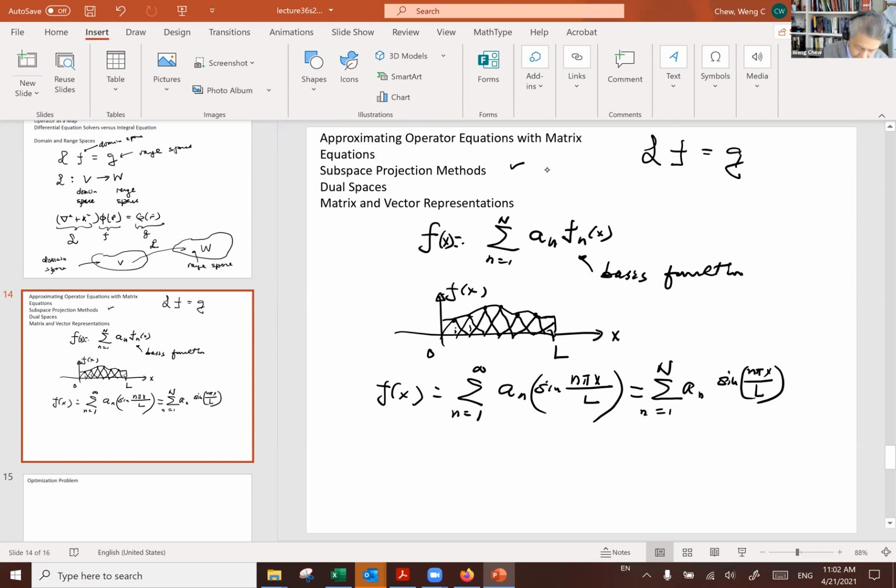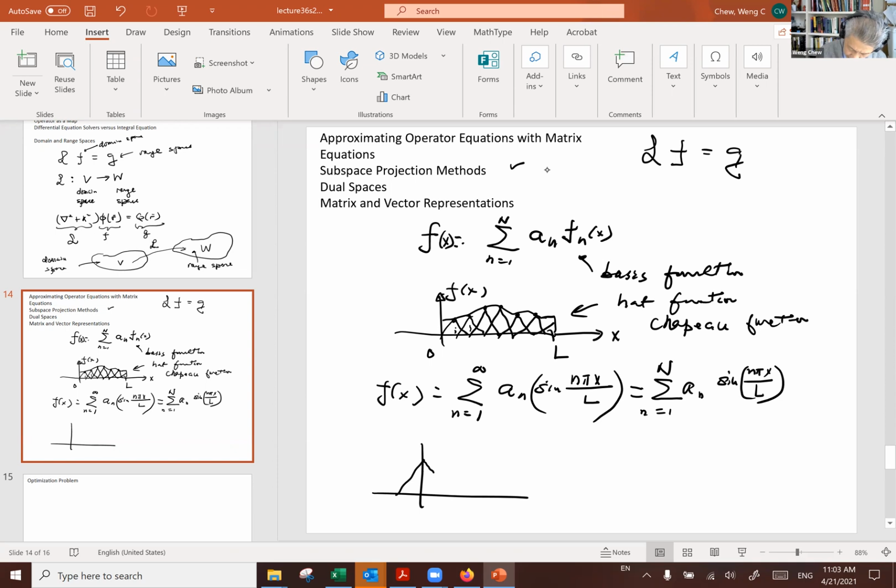They can be thought of as interpolatory functions called the hat function, or the chapeau function in French. I hope I have the spelling correct in the lecture notes. I might have spelled chapeau wrong. Okay, and the chapeau function is nothing but just a triangle function.